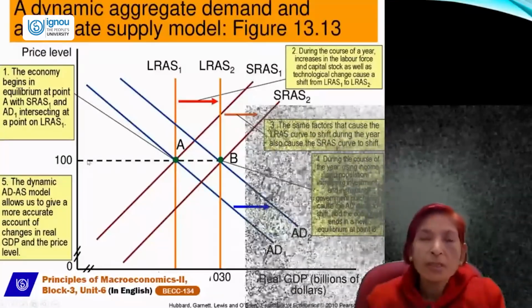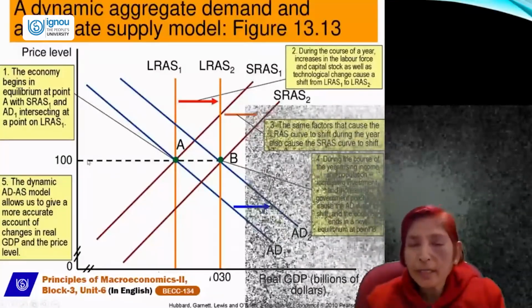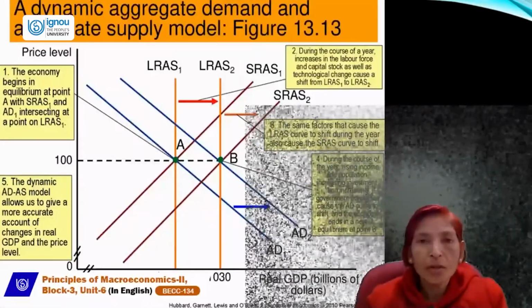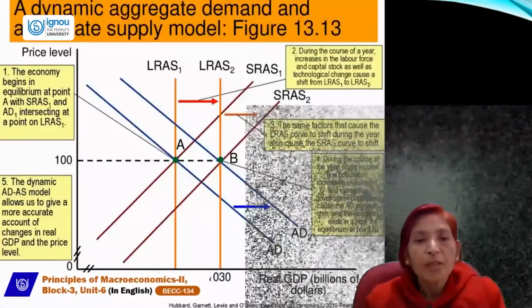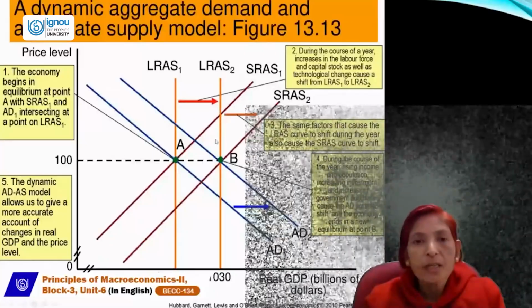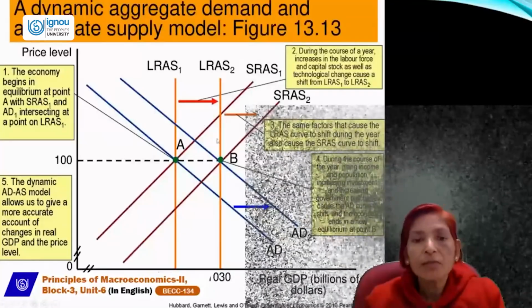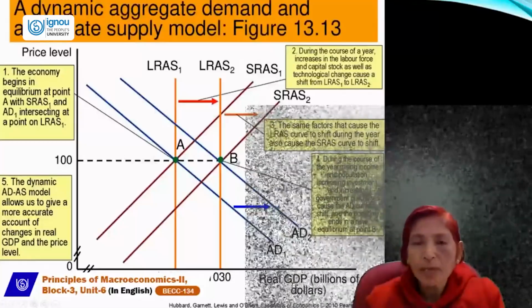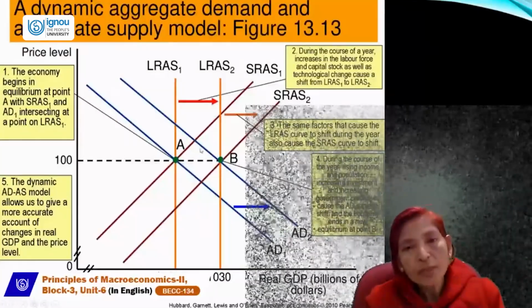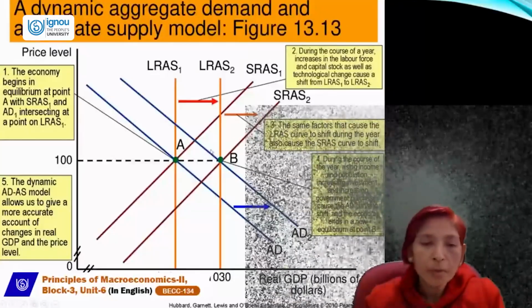If all these curves shift to the right hand side, showing an increase in all these curves, then the LRAS curve will shift to the right hand side, the SRAS curve will shift to the right hand side by the same proportion, and the AD curve will also shift to the right hand side by the same proportion.